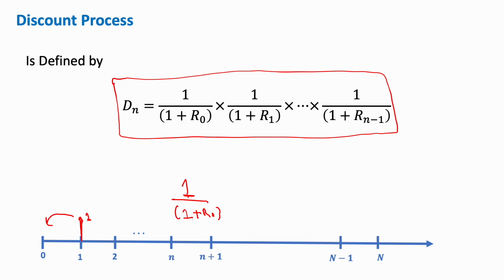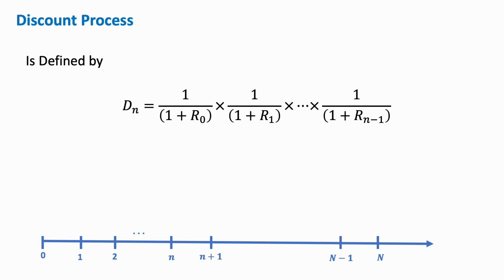And let's say now, instead of that, we had a cash flow of $1 at time 2. Then what we need to do is take this cash flow, bring it back 1 year, and then bring it back from 1 year to today. And that is essentially going to be this part here, and so on and so on. So Dn, the discount factor for a cash flow occurring at time n, is essentially defined by this.